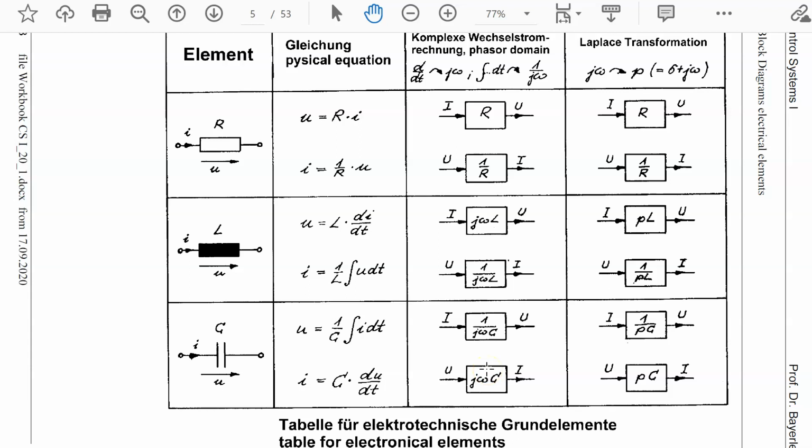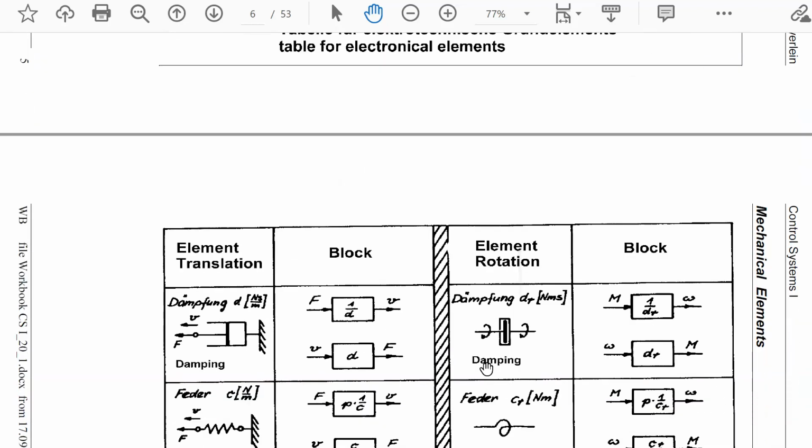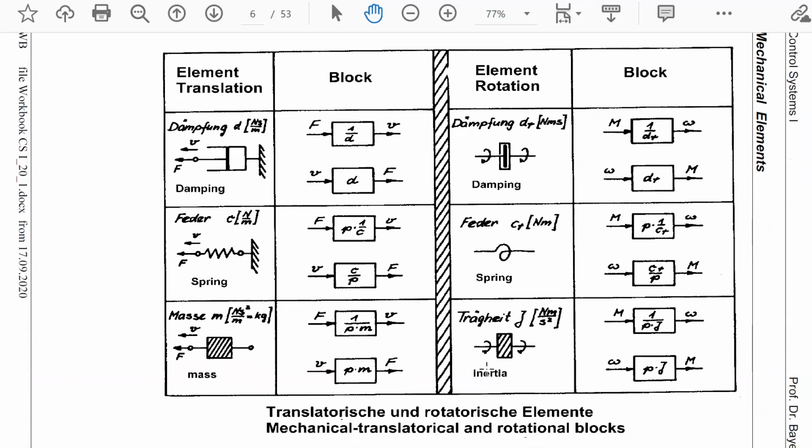If we go into another area, the mechanical area, we can do the same. Here you see a damping element, a spring element, or a mass element can also be converted into signal block diagram symbols. Newton's law, for example, gives this block behavior, the spring law gives this behavior, and the damping law, so the force is proportional to the velocity, the speed of the movement, gives this. The same can be done in rotational elements.